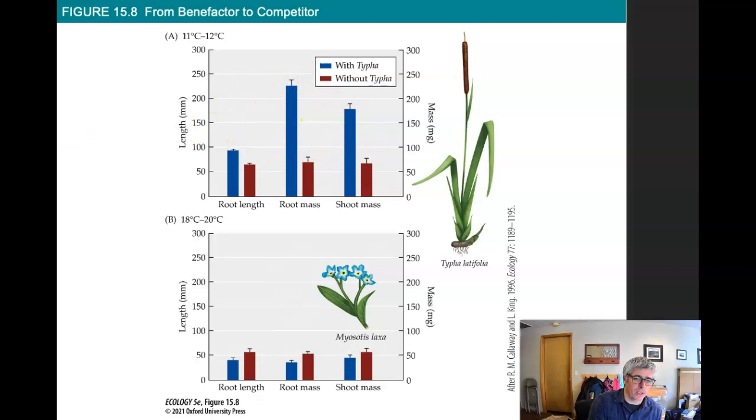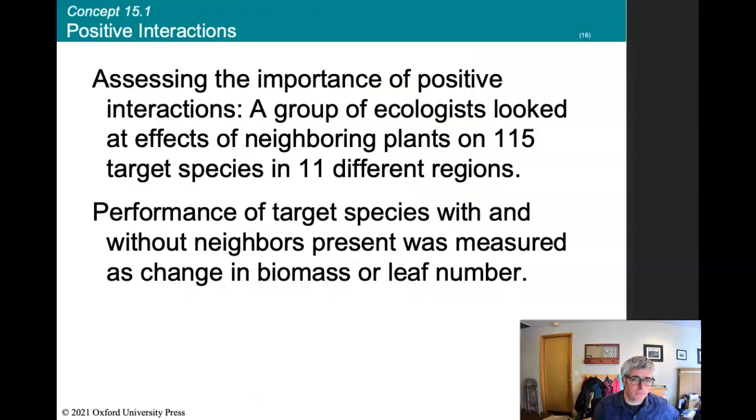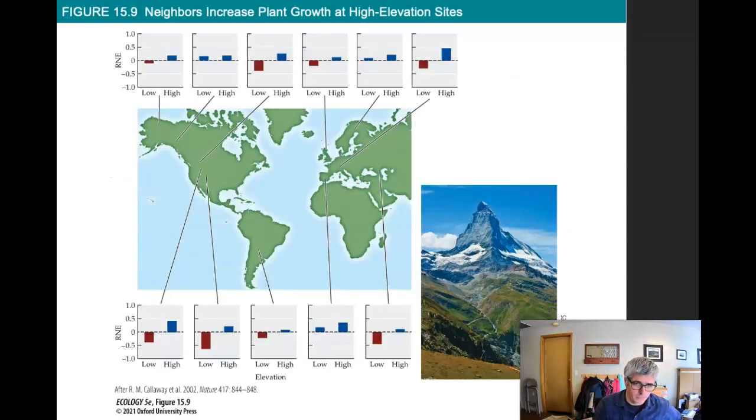So it depends on the conditions, and so we have to think about, over an annual scale, what that benefit looks like, versus snapshots as well.